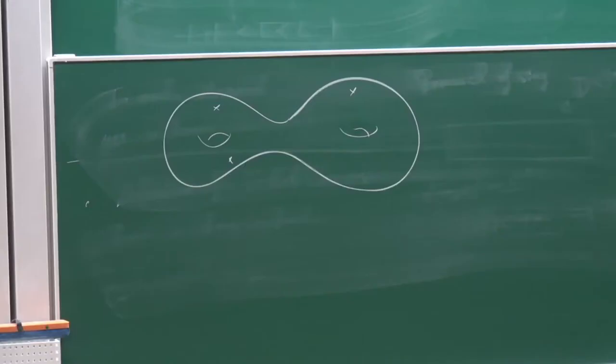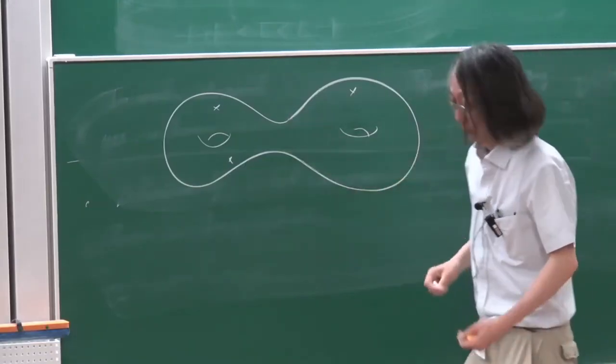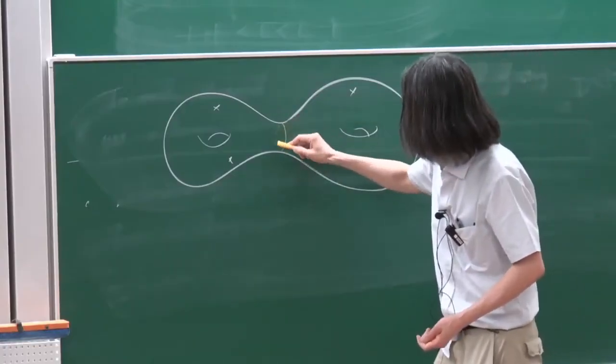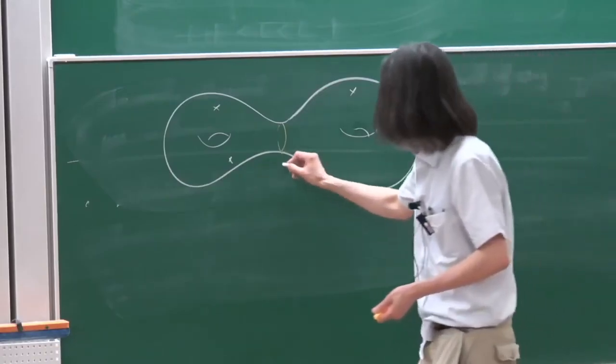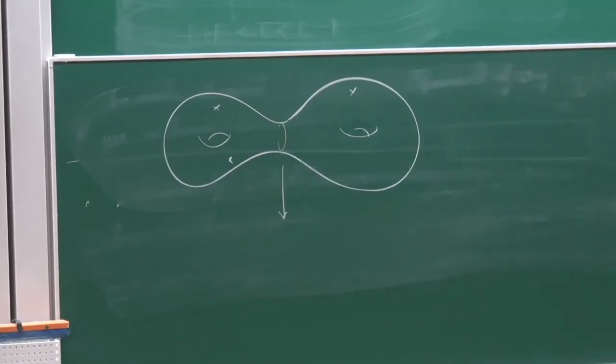That is the first case. Otherwise, the other case is that some part, say I have some closed geodesic here, and this closed geodesic is getting shorter and shorter, and then degenerates to a point.